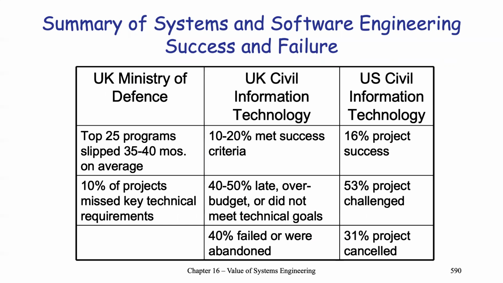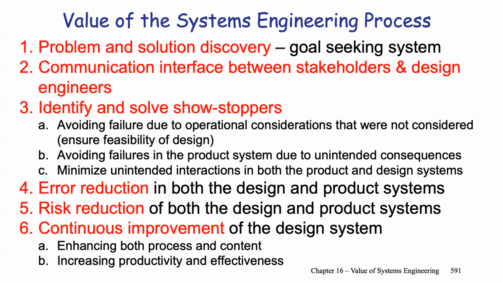And for US information technology, 16% of projects succeeded, 43% were challenged, and 31% were canceled. So you can see that there's a lot of room for improvement if we don't have the right level of system engineering and software engineering.